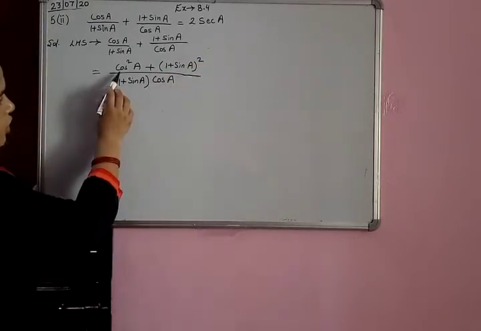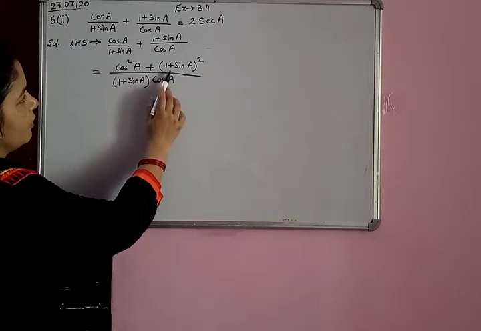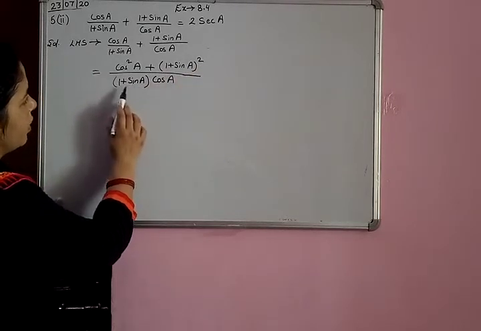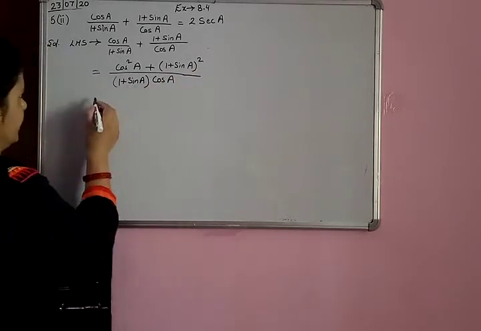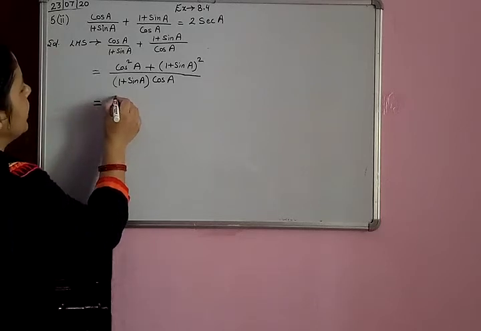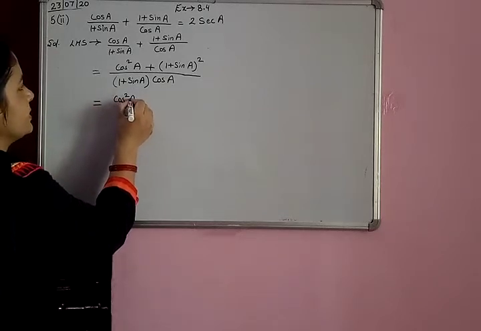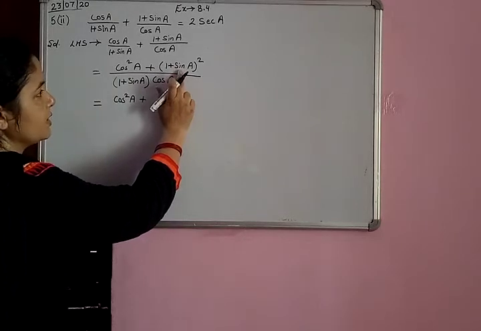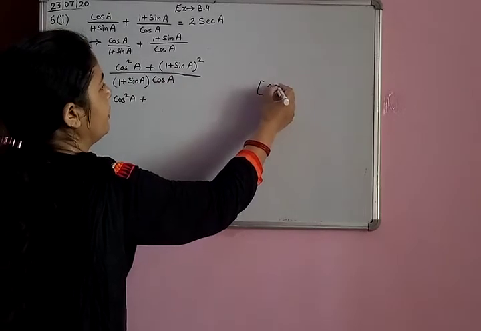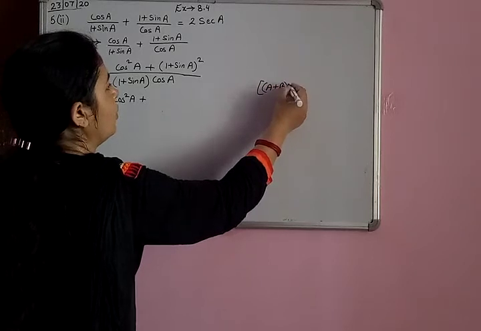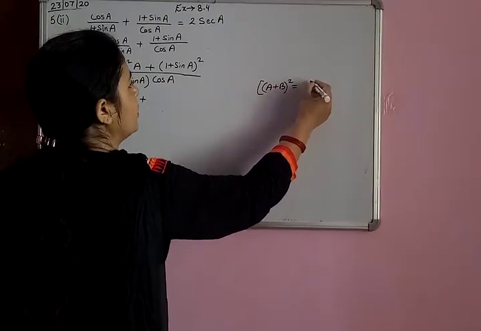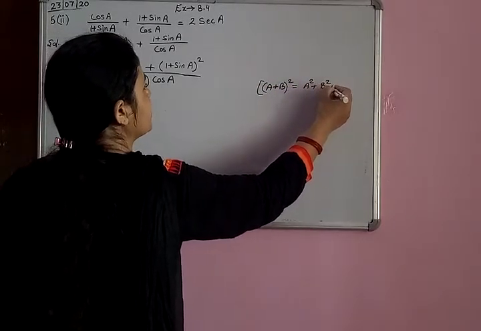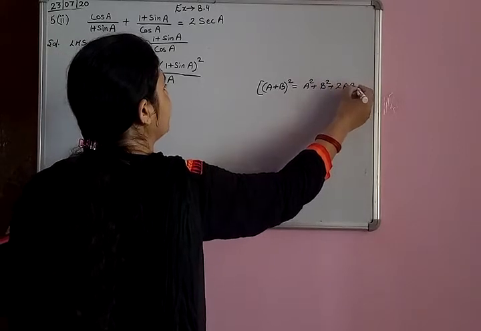It means we have cos square A plus (1 plus sin A) whole square upon (1 plus sin A) into cos A. Okay. Now look at here. Cos square A is same, plus I can open (1 plus sin A) whole square using the identity (A plus B) whole square is equal to A square plus B square plus 2AB.